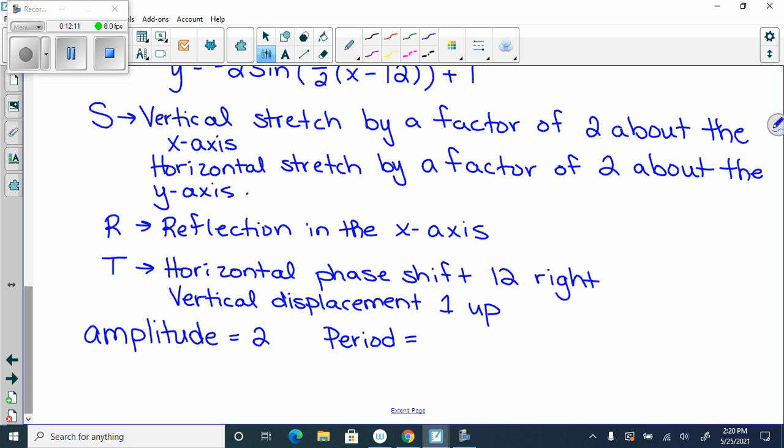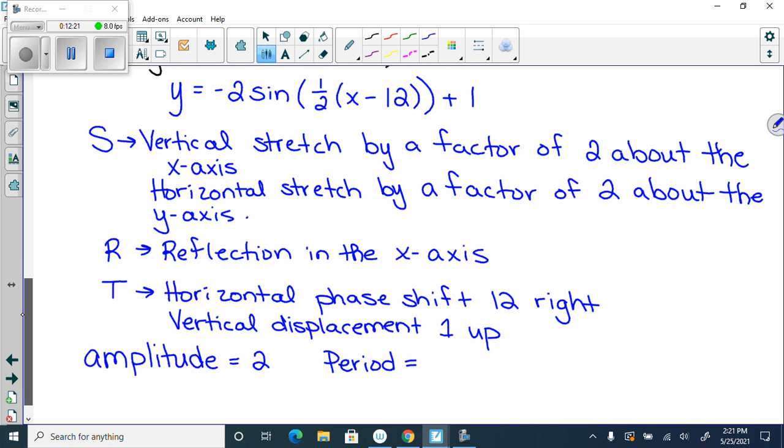Correct. The only thing that can change that is if I stretch it out or squish it in. Stretching out, squishing in is a horizontal stretch, correct? Yeah. Now this one is a horizontal stretch by a factor of 2. So instead of the period being 2 pi, it's actually going to be 2 pi times 2. You just multiply it by its horizontal stretch and you get 4 pi. This one's going to get wider.